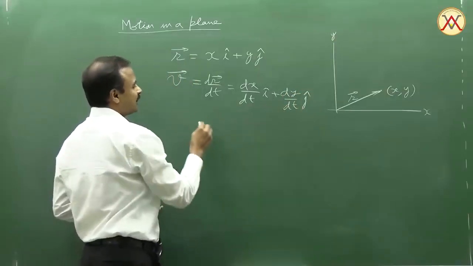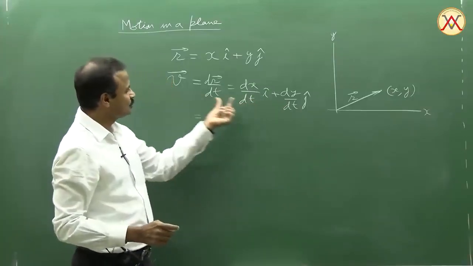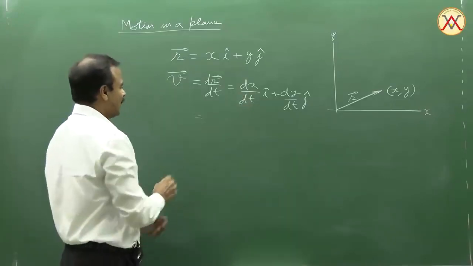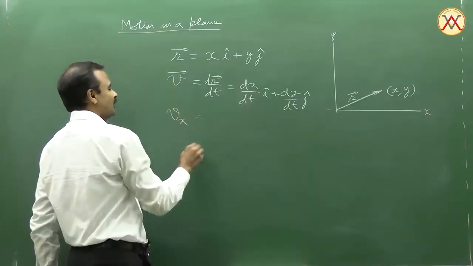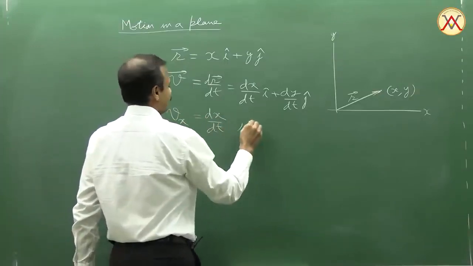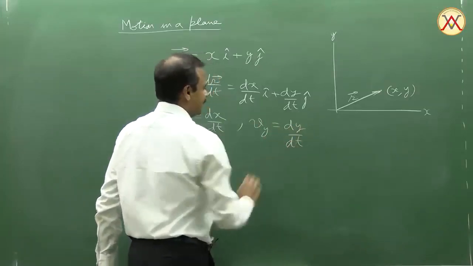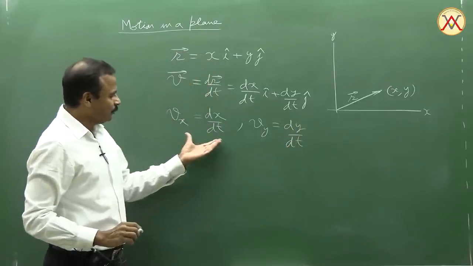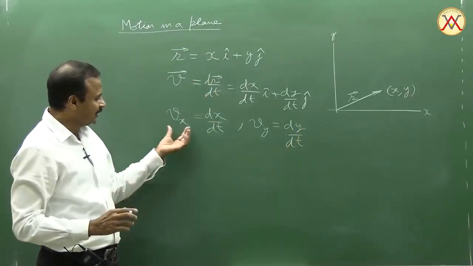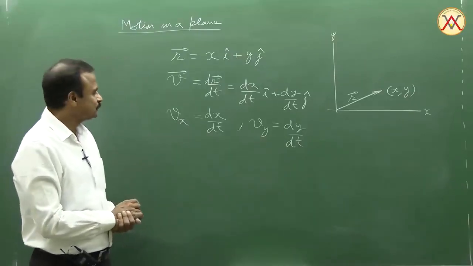The x component of velocity is dx by dt, and the y component similarly is dy by dt. So these are components of the velocity vector. The complete velocity vector can be written as vx i cap plus vy j cap.